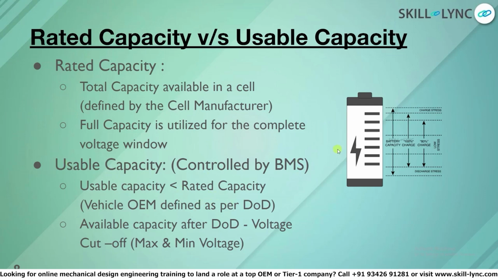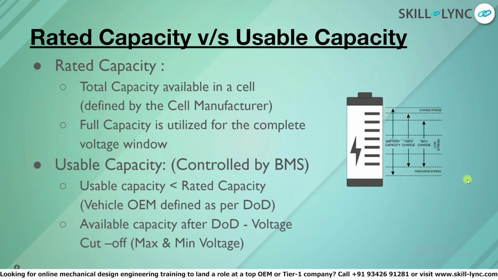Now how and why is that happening? Here we have a small image where we have a lower line and an upper line, which is the battery capacity. When we fully charge it, there are charge stresses, and when we fully discharge it, we have discharge stresses.